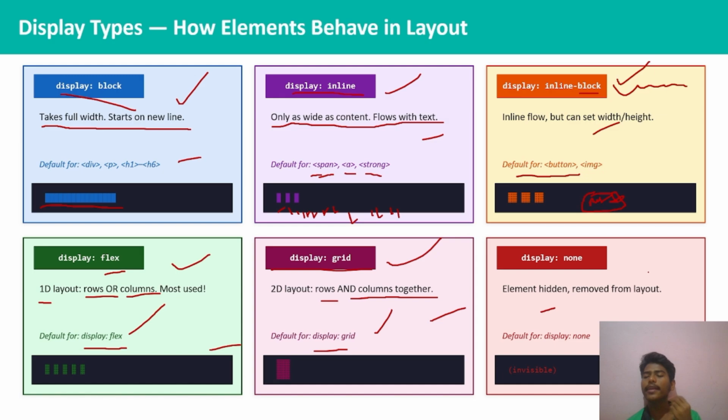Next, display none. What is meant by none? There is no value, there is nothing. The element is hidden and removed from the layout. Like when you enter something, that is an element; it is hidden and removed from the layout.